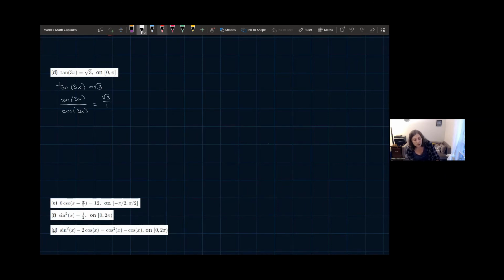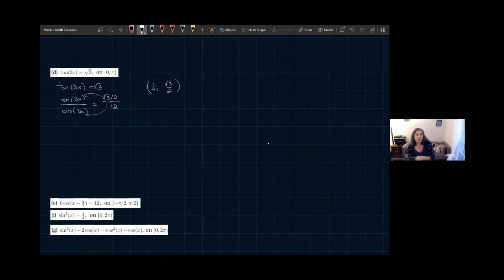So if you think about it this way, you'd say, well, the root 3 goes with the sine, and the 1 goes with the cosine. Now imagine if you just divide the top and the bottom of that fraction both by 2. Then I can see, okay, tan is going to be equal to root 3 if sine is equal to root 3 over 2, cosine is equal to 1/2. So my coordinate would look like this.